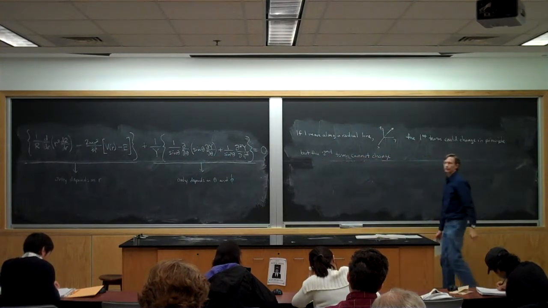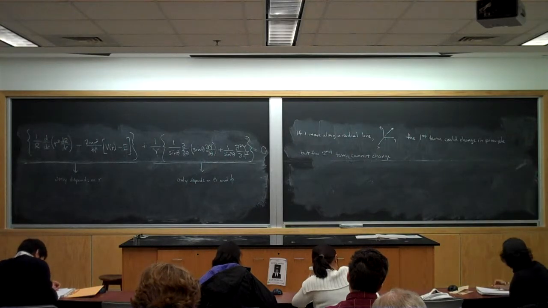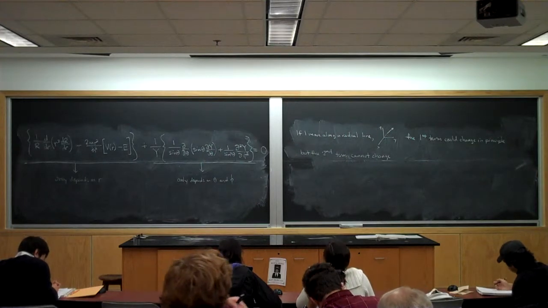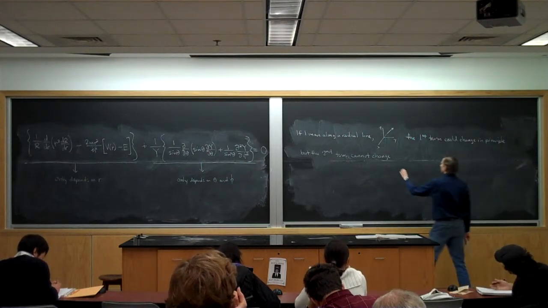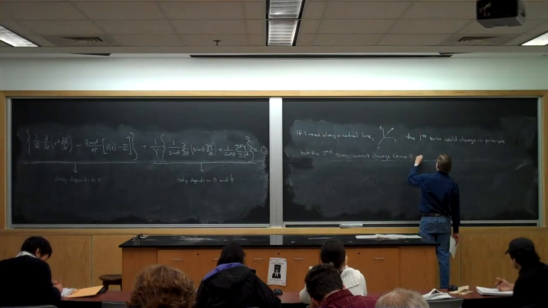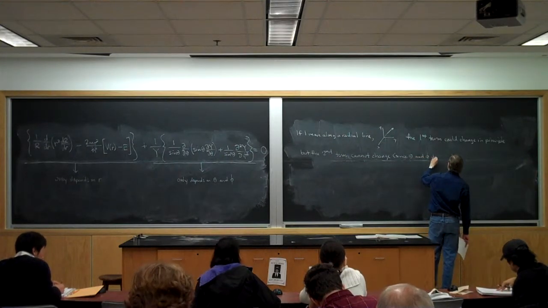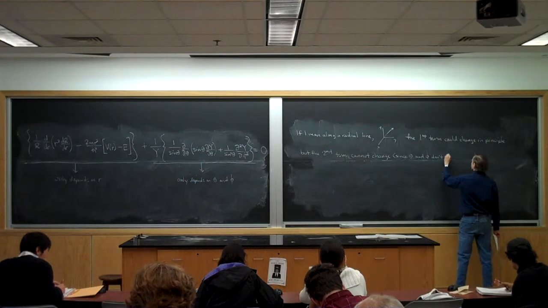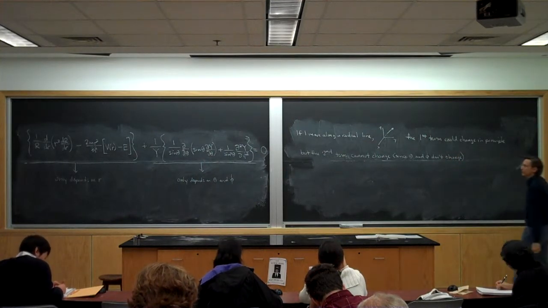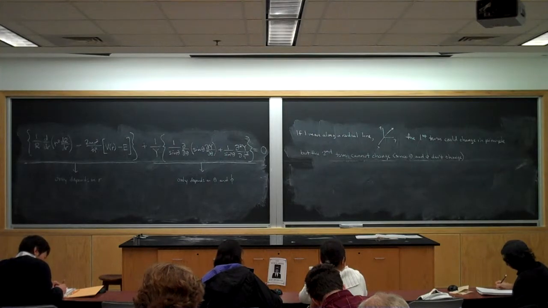Why can't the second term change if I move along a radial line? The angles are staying constant, that's right. Since theta and phi are not changing, the second term can't change because it only depends on theta and phi, but those are staying constant.